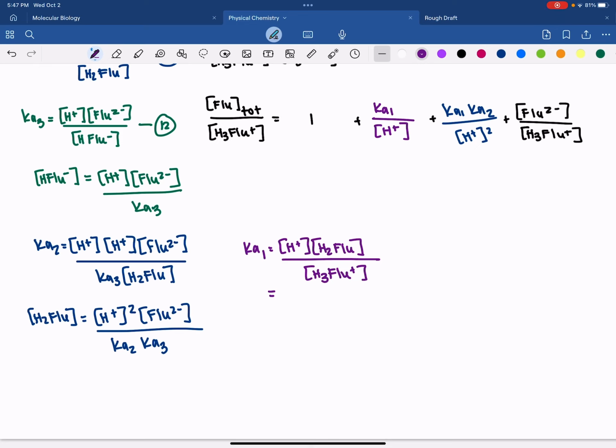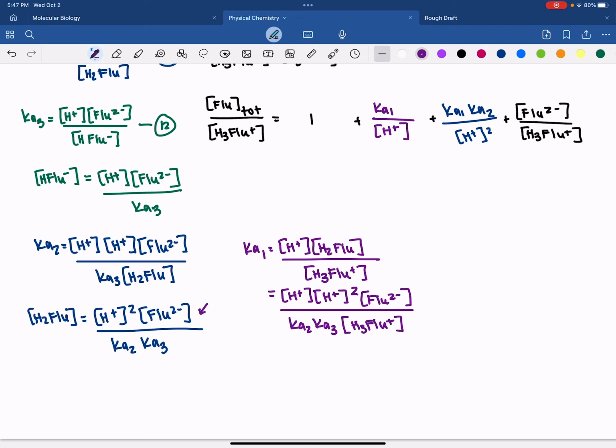We're going to sub in our last equation for our H2 flu, and that's going to be H plus times H plus, H plus square times H2 flu. Wait, sorry. Times flu 2 minus all over Ka2 times Ka3 times the concentration of H3 flu plus.